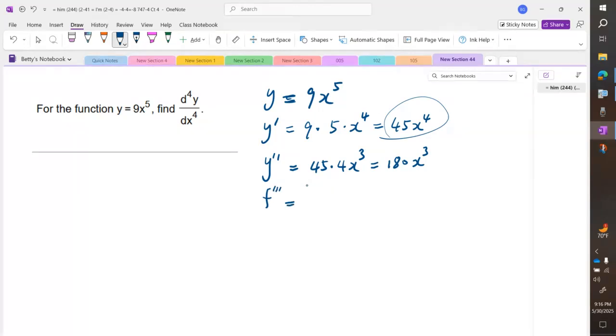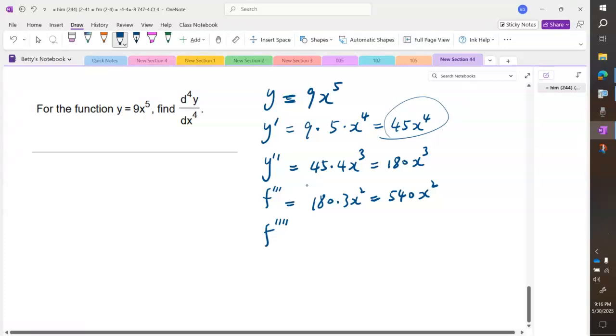And third derivative, just keep going. Keep 180. The derivative of x cubed is 3x squared. 180 times 3, 540, x squared. So that's the third derivative.